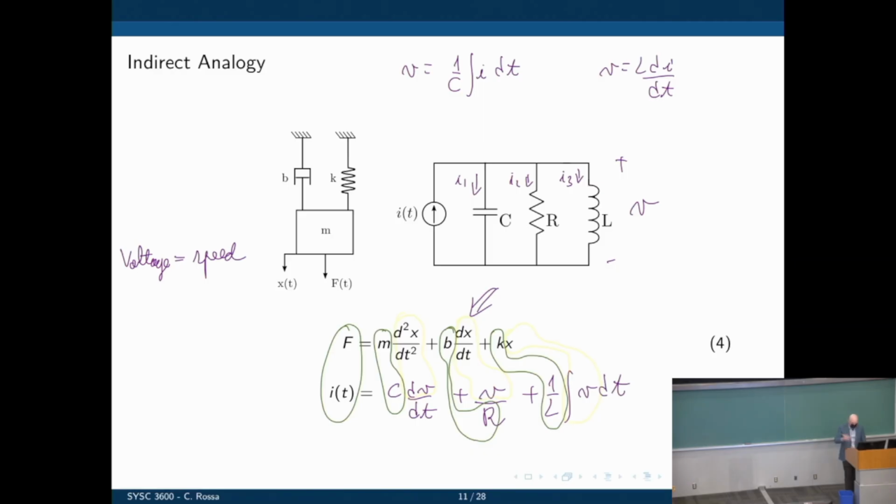Now, if you integrate both sides, integrate both the speed and the voltage, then we go to position and the integral of voltage. So the underlying assumption that we made here is that kinetic energy is now equivalent to electrical energy in the capacitor. Everything else is derived as a consequence of that. And the main other thing to take from this analysis is that now a force is equivalent to current and voltage would be equivalent to speed.